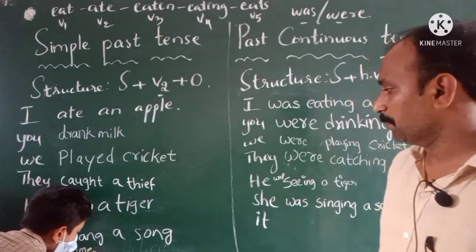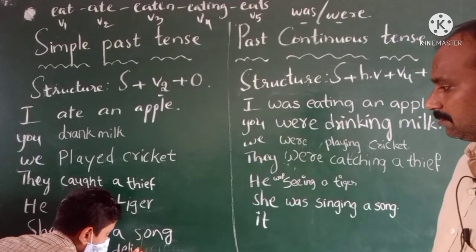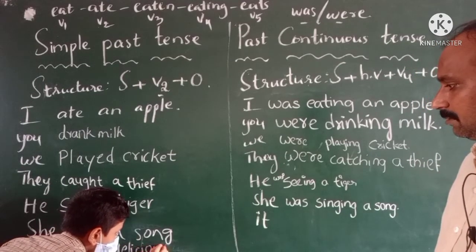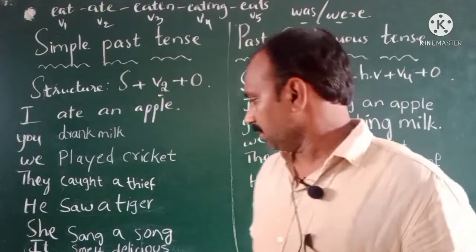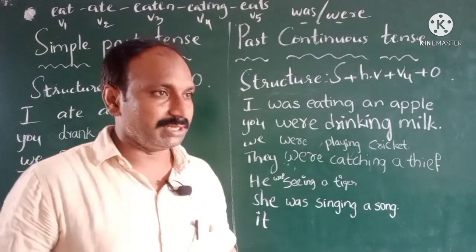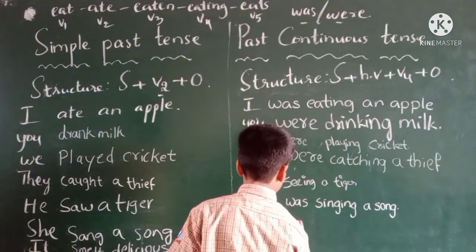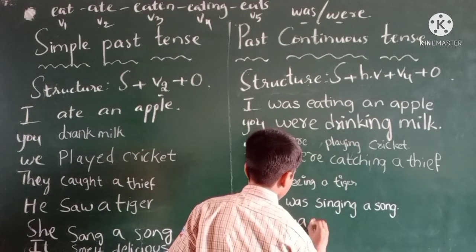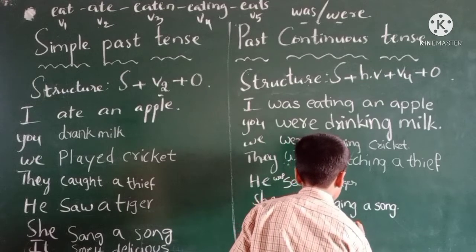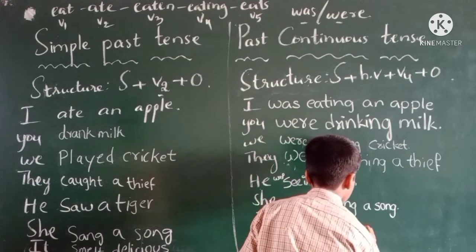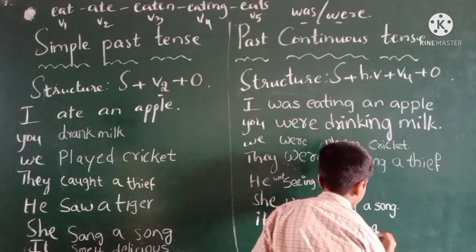One example for the simple past tense. It smelled delicious. It smelt delicious. Next, Shivanki is writing an example.